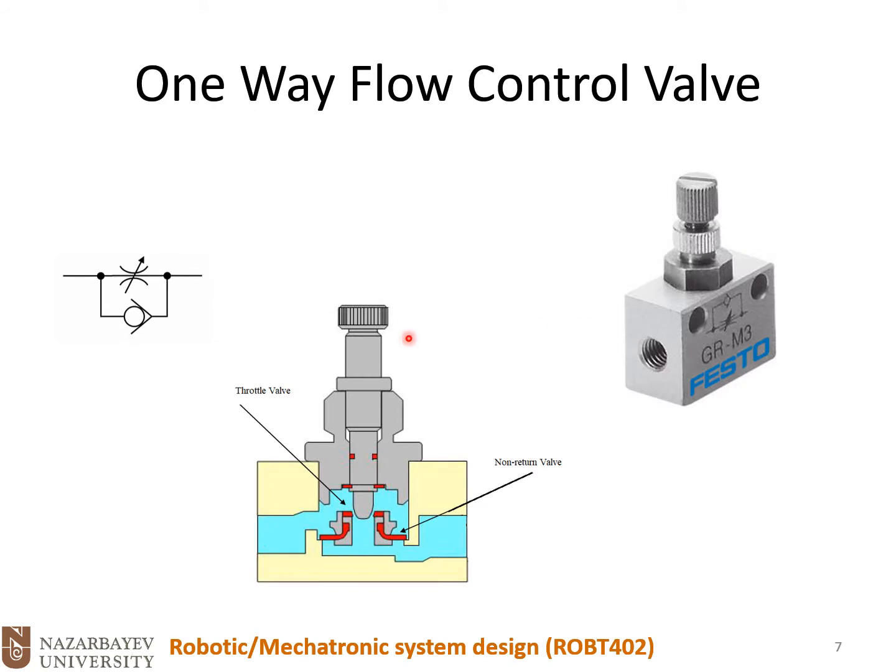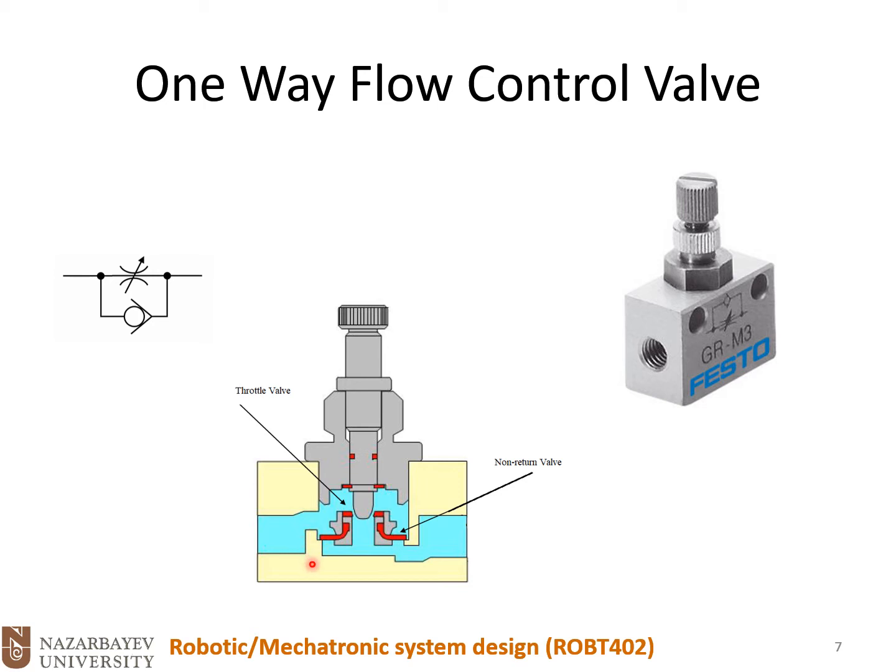A one-way flow control valve, we already discussed how it works, but here we have an industrial sample. You see the symbol on that, plus the cross-sectional area shows how it works.